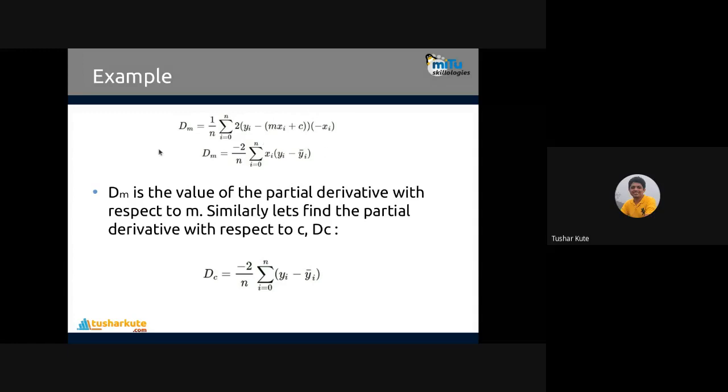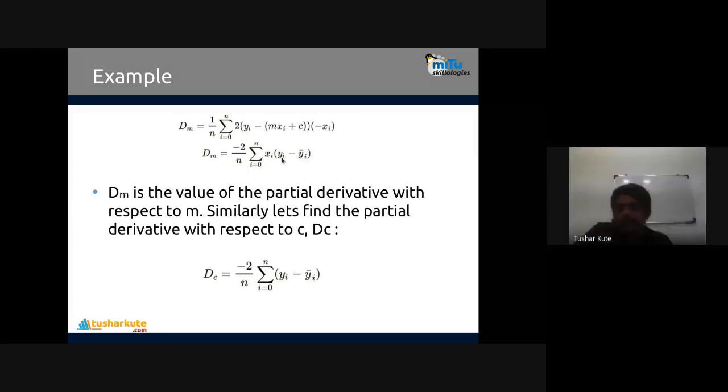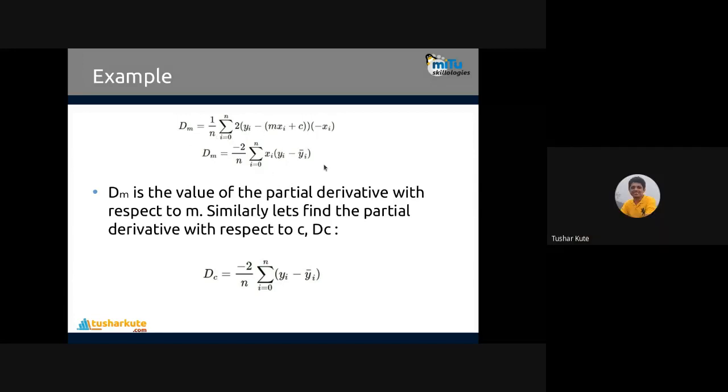If you just solve this equation, we will get this value. Dm is equal to minus 2 divided by n into summation of i is equal to 0 to n of xi into (yi minus predicted y), original y minus predicted y. I'll show you practically how to solve that Dm. The partial derivative with respect to m is calculated by this method.